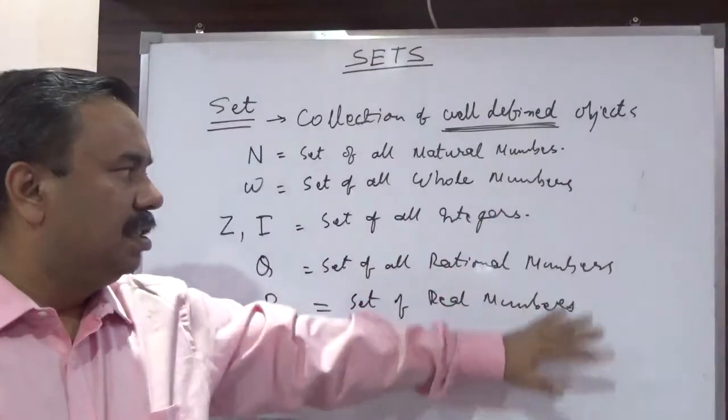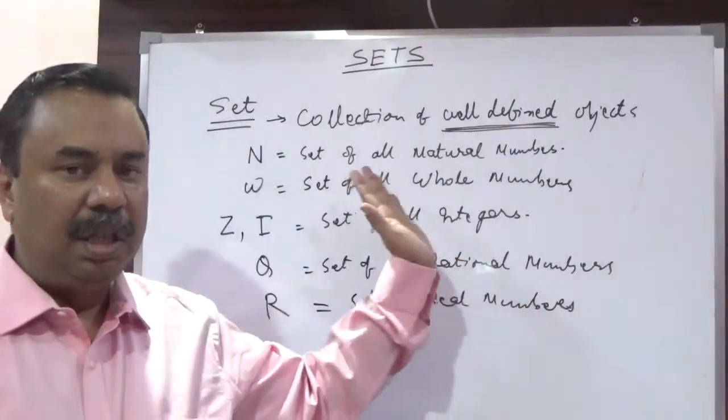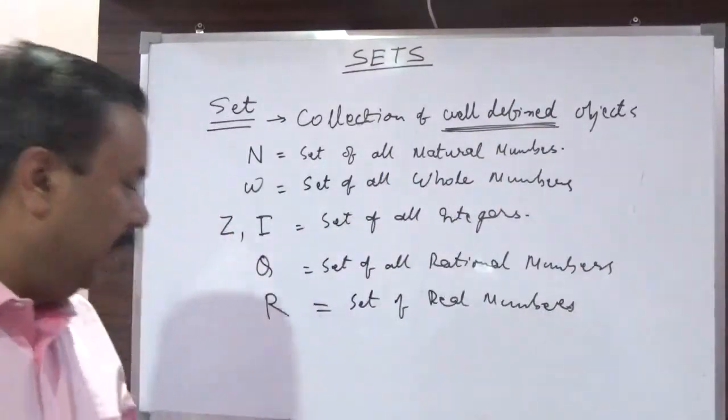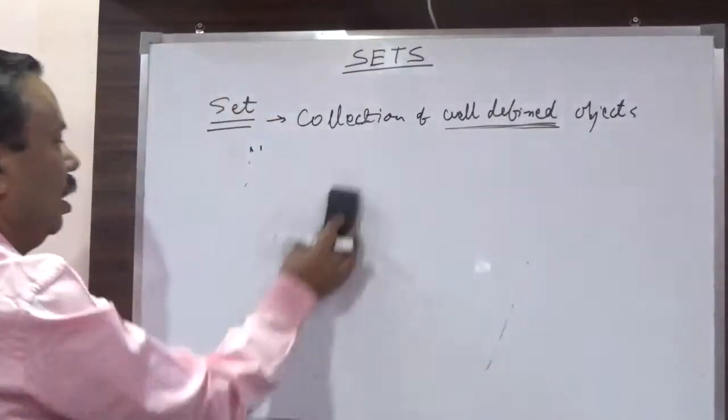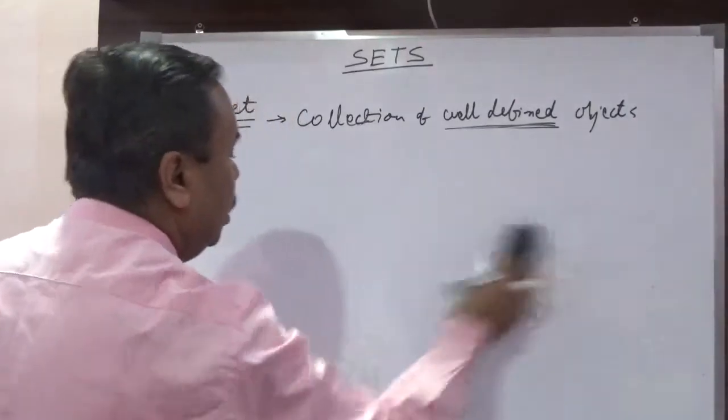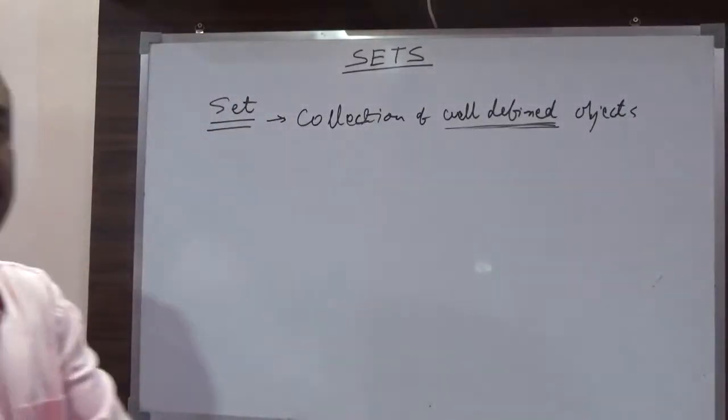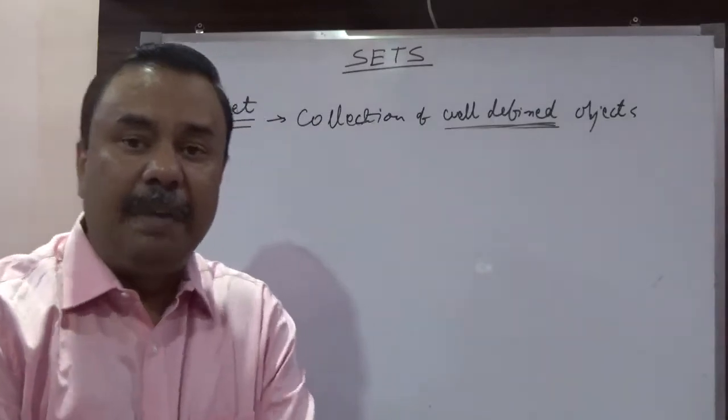Obviously in these cases it is not countable, the number is infinity. But if there are some sets, as I have given you the example, the collection of all the students of a class in a school, obviously the number of students will be limited, so it can be counted.